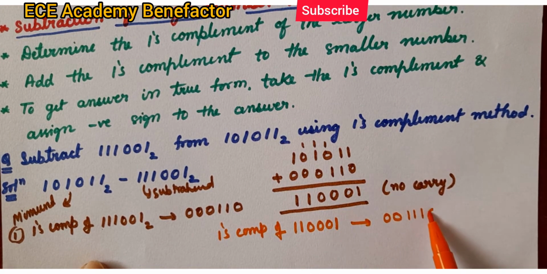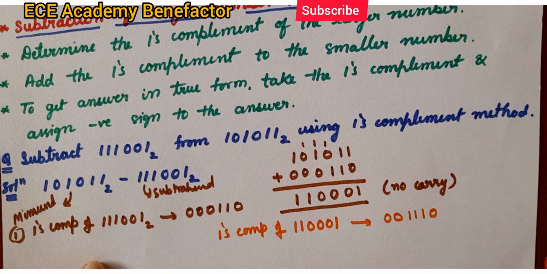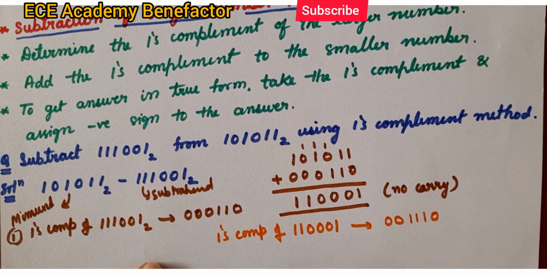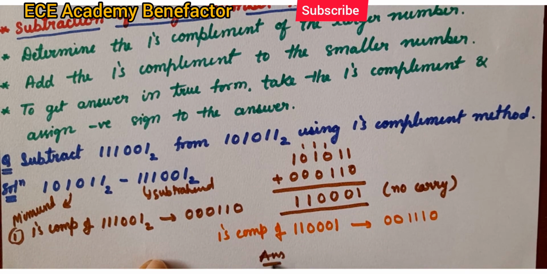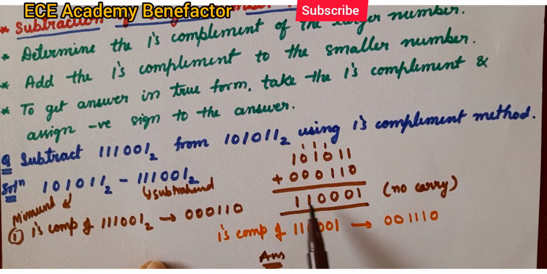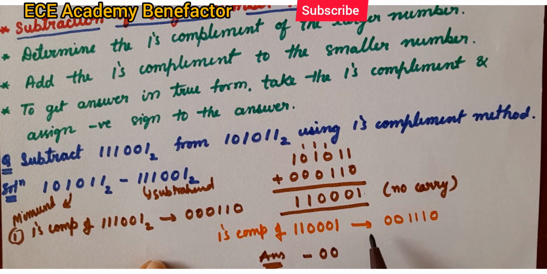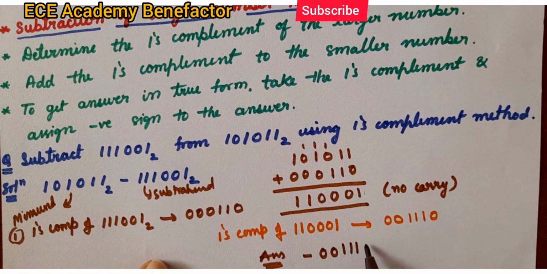This one is changed to 0. This is the ones complement. So, how to write the final result now? If there is no carry, find the ones complement of the result and put a minus sign: minus 0011110.